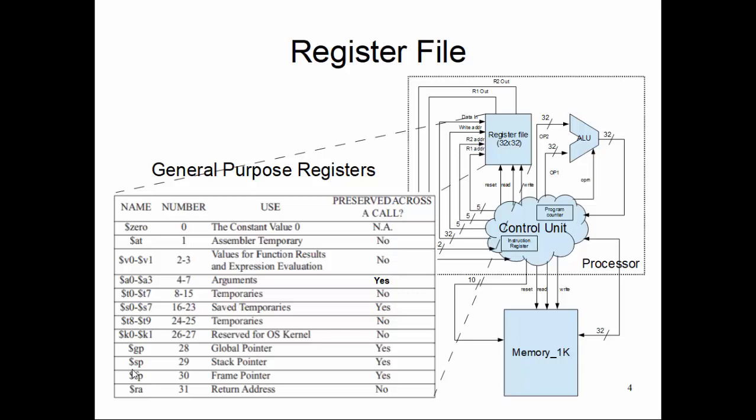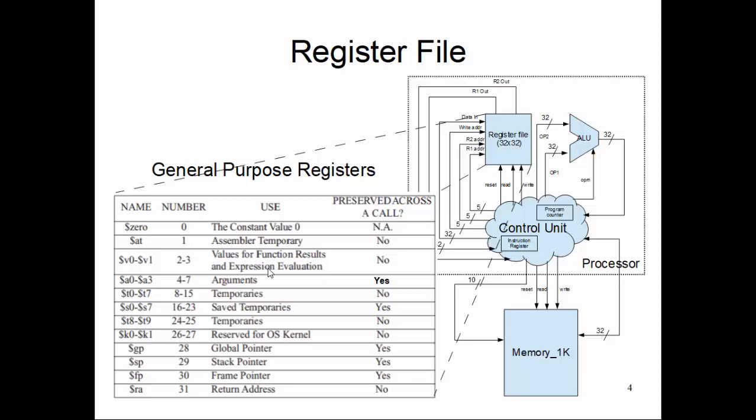Now just to note, the usage purpose, which is the third column, says except for register 0, we can use them in our program for any purpose. Then this third column is a suggested usage and the convention of the usage of those registers.